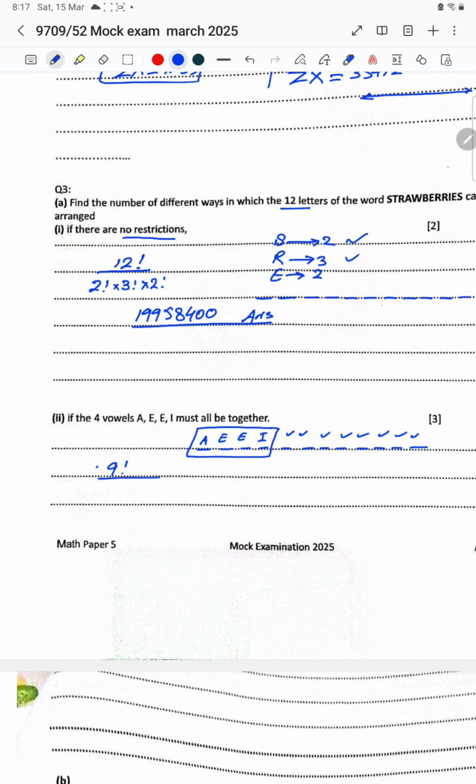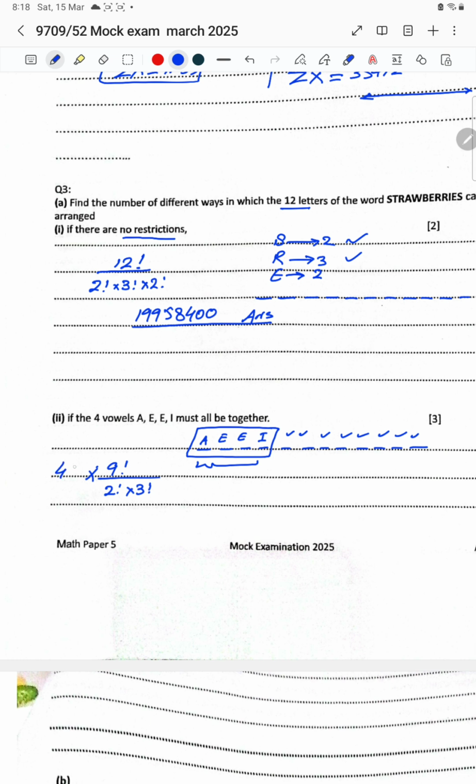Out of here, in these words except vowels, we have 2 s's and 3 r's, that are not part of the vowels. So divided by 2 factorial times 3 factorial, as they can shuffle among each other. And one more important thing: if the four vowels must be together, these vowels have the option to come in any order.